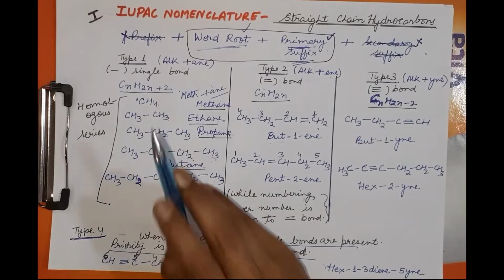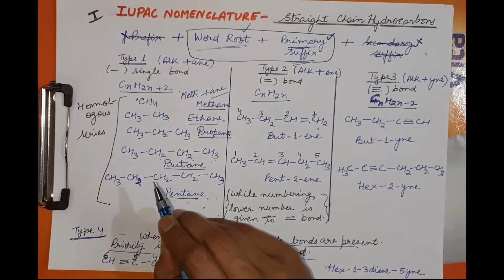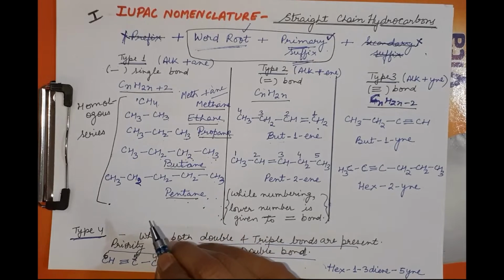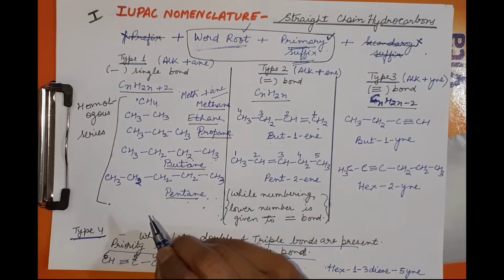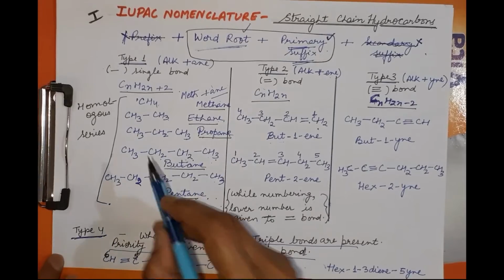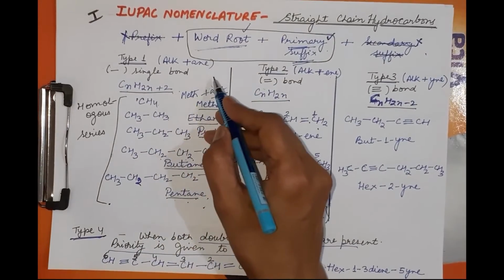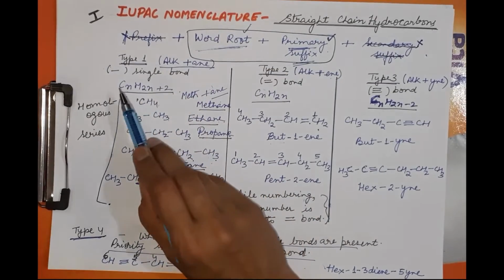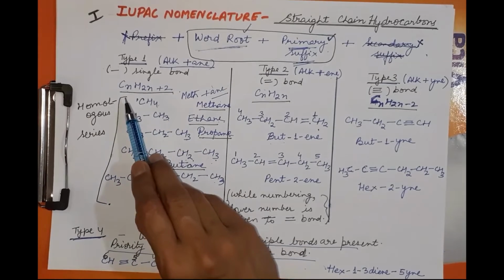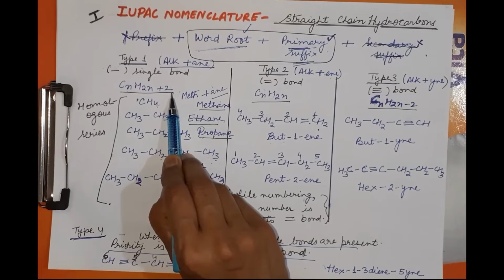First, we can consider the compounds which have only single bonds, that is, the compounds which are saturated in nature. How do we name those compounds? These compounds are also called alkanes, and they have only single bonds and are represented by the formula CnH2n+2.